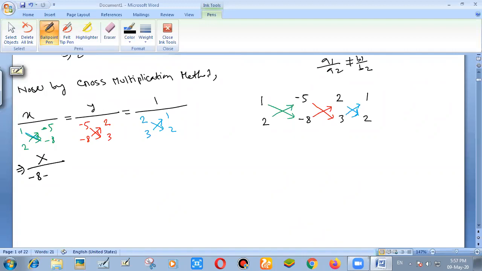Then the minus sign comes because it is in the formula: B1 C2 minus B2 C1. Yes or no? Clear? So minus 2 into -5, that is -10. Don't make a mistake here. This minus sign is from the formula, and this is for the multiplication. Then -5 into 3, it will be -15. Then minus sign, then -8 into 2, so -16.